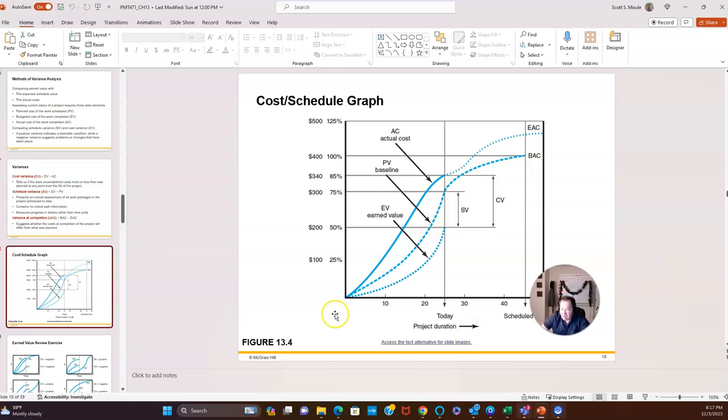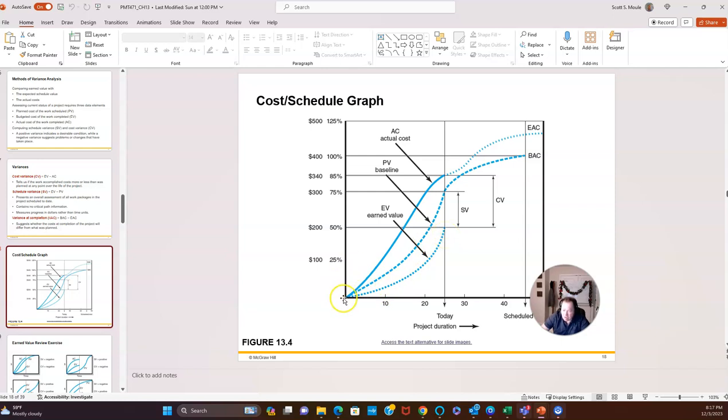So now you're halfway into the project. You're 25 days into what you thought was a 45-day project. Your actual earned value, so this is what you thought you were going to complete. How much did you actually complete?